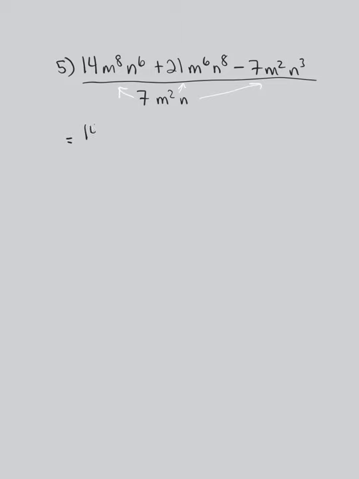And so we have 14m to the 8th n to the 6th over 7m squared n, and then plus 21m to the 6th n to the 8th over 7m squared n. Now one thing too, remember if we don't have an exponent written, it's 1, so you might want to write it just to remind yourself of that.